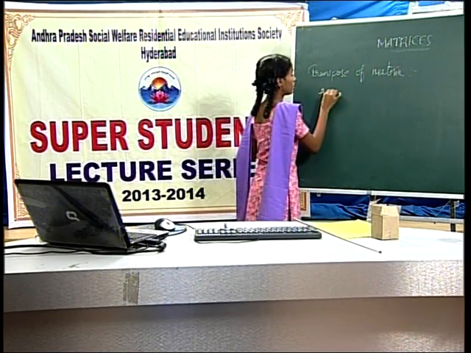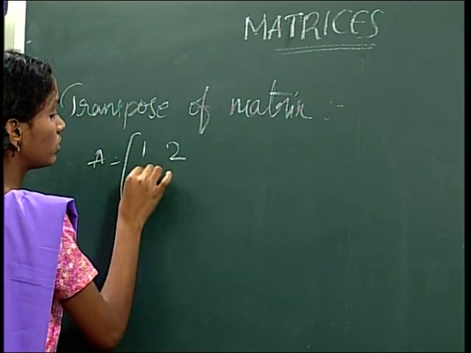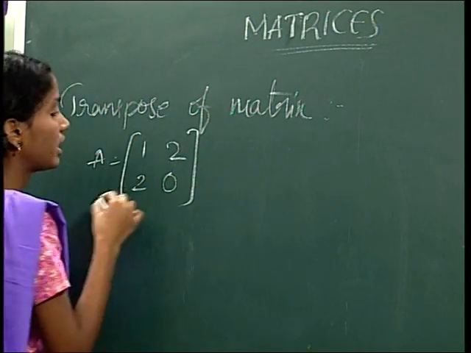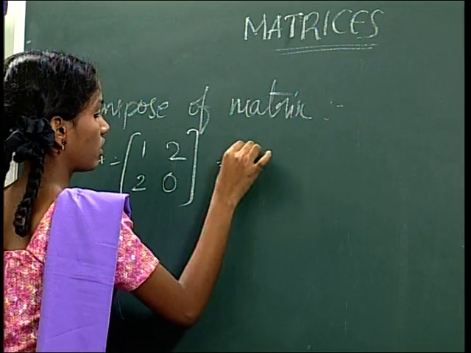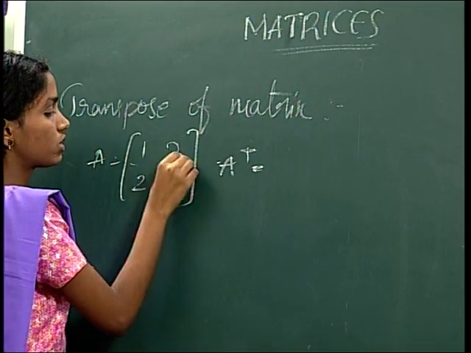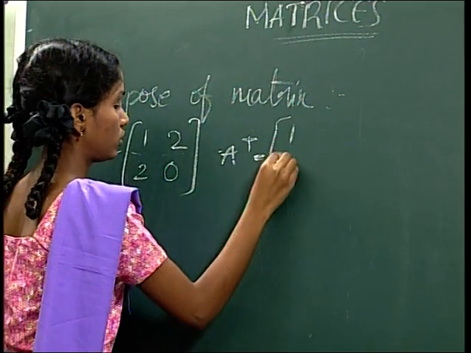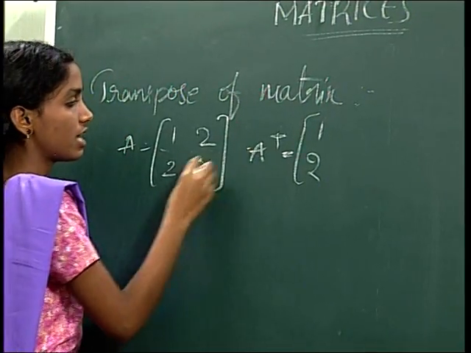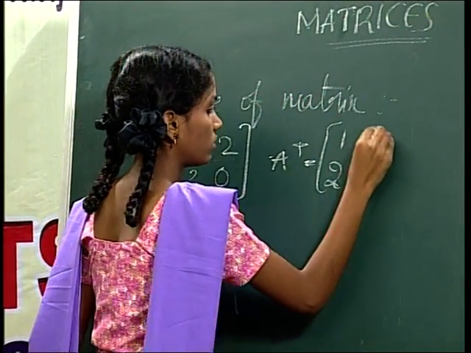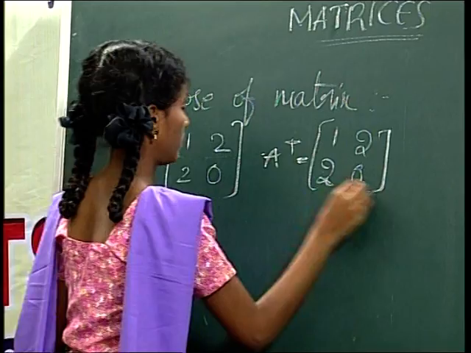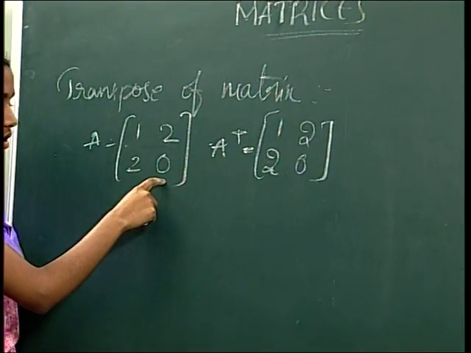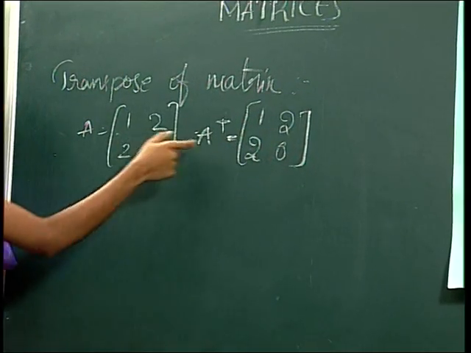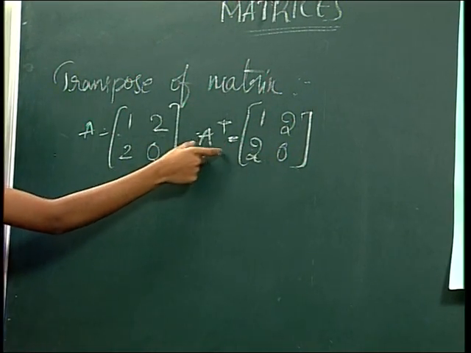For example, A equals 1, 2, 2, 0. Interchanging the rows and columns, A transpose: we have to change this row into a column, 1, 2, and this row into a column, 2, 0. Here the row is changed as a column and here the row is changed as a column. This is A and this is A transpose. This is the transpose of a matrix.